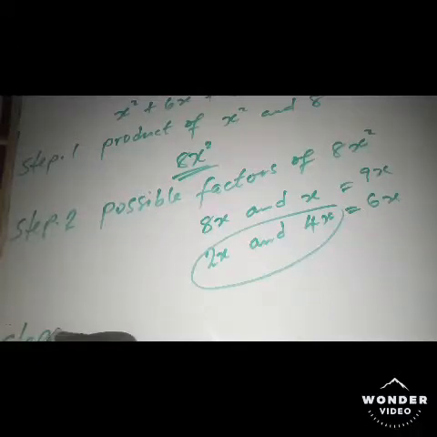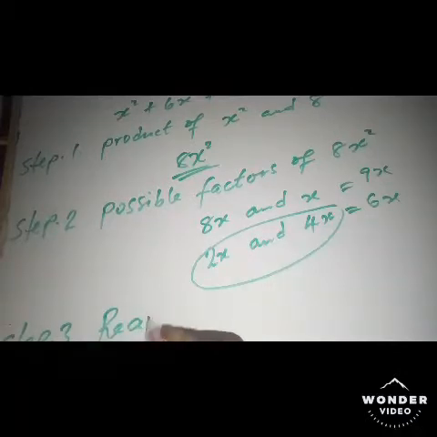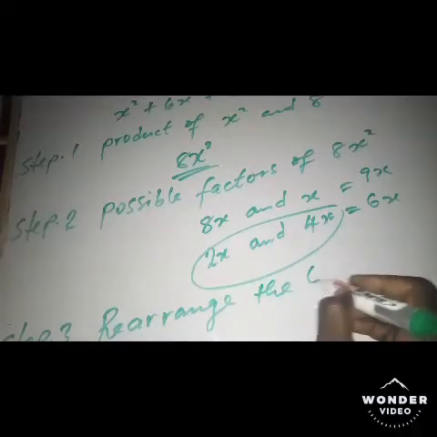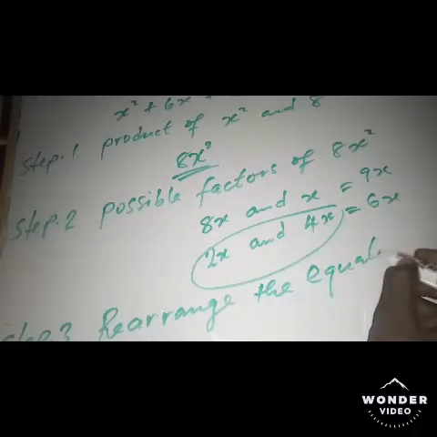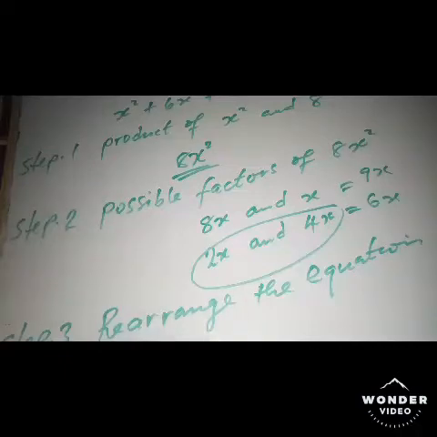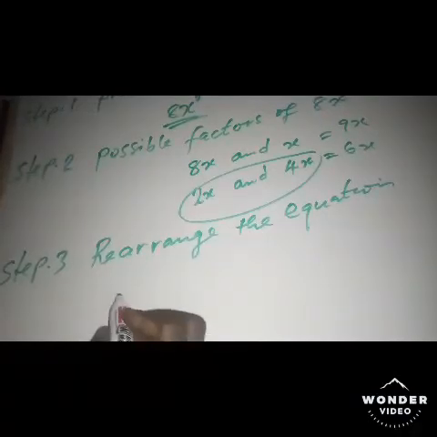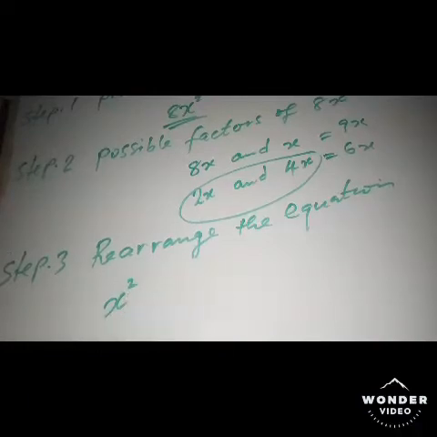Choosing this combination gives us step number 3, which asks us to rearrange the equation. The first term I had was x squared, so when rearranging, the first term comes first.